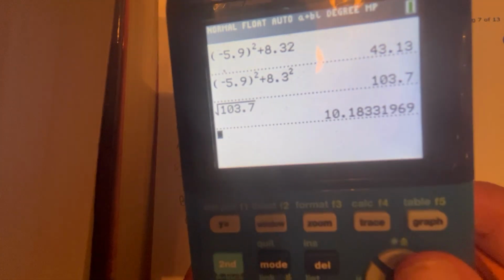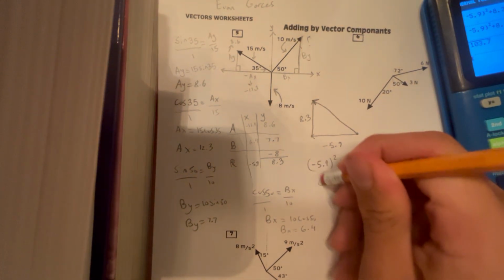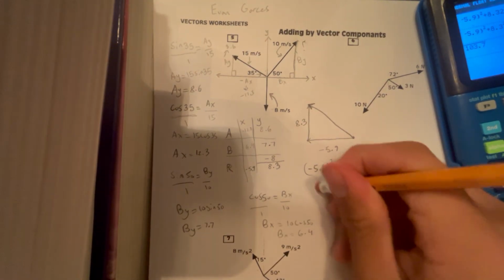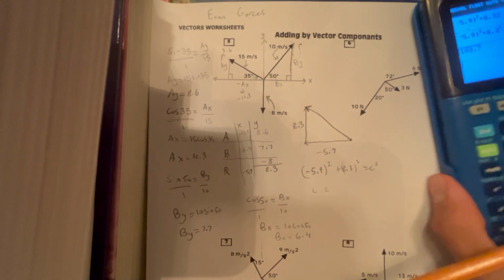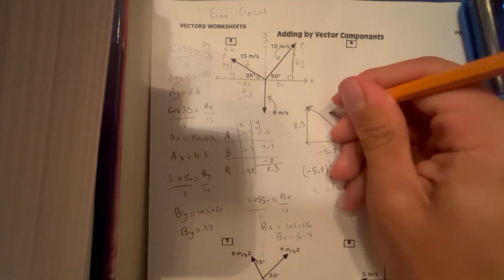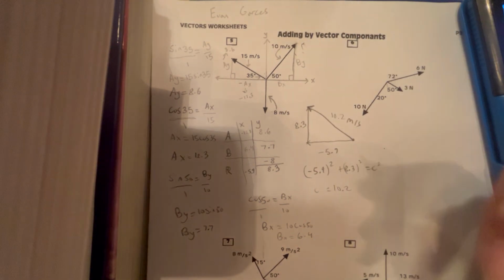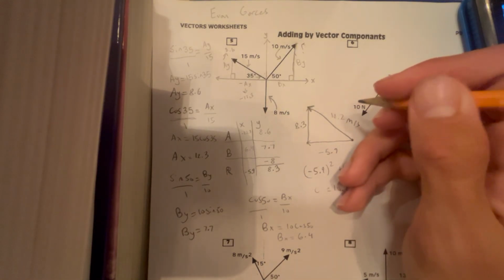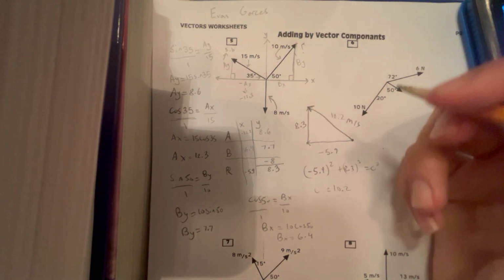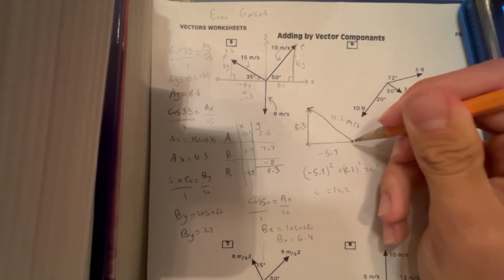Anyway, this is what you get when you do the Pythagorean theorem. C is equal to 10.2 m over s. The thing is that you know this is 10.2 m over s because m over s is the unit we're using, but you don't know how many degrees it's going at. It could be going 10.2 in any direction around this point.